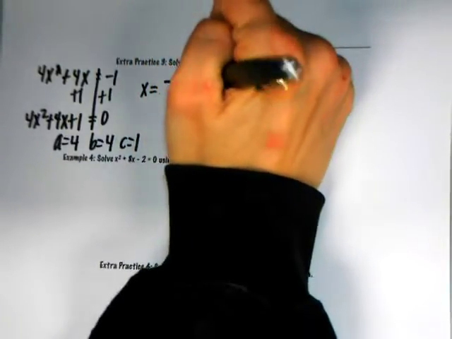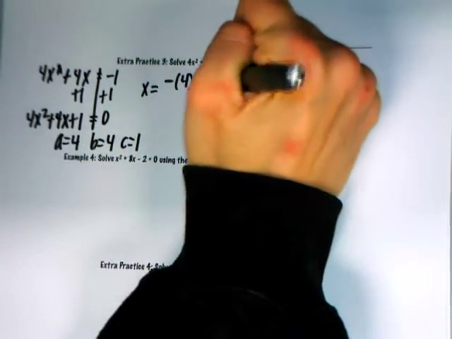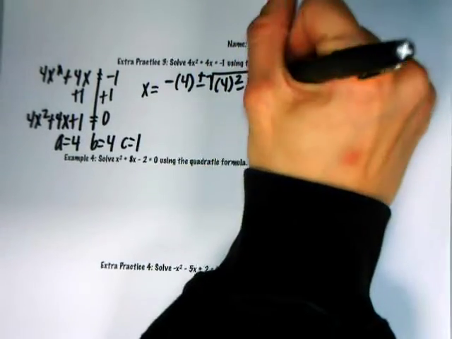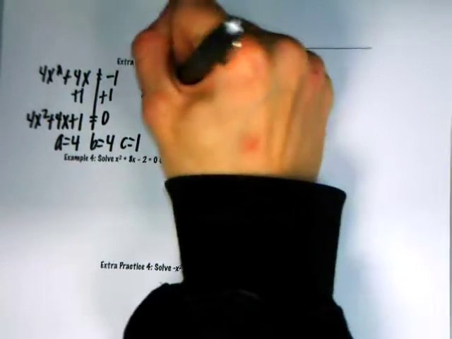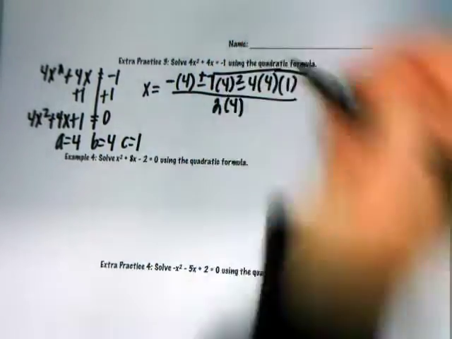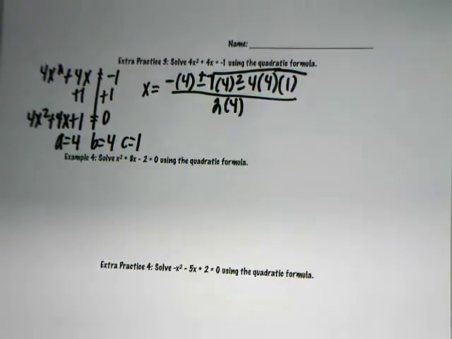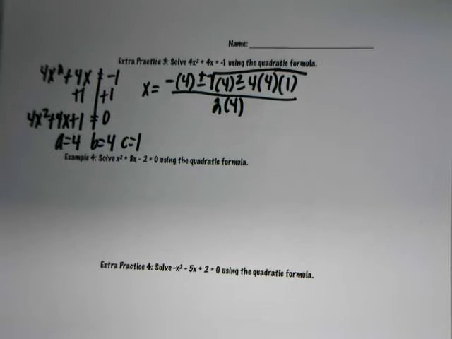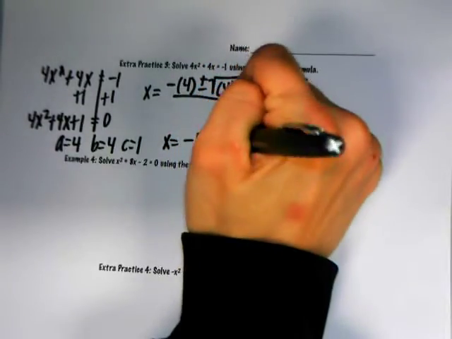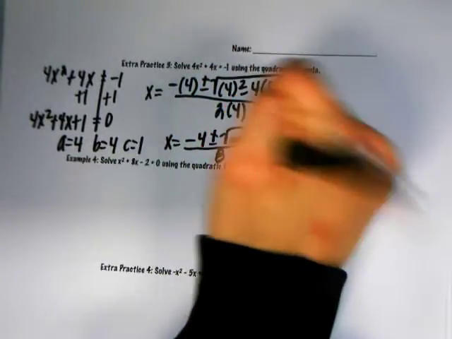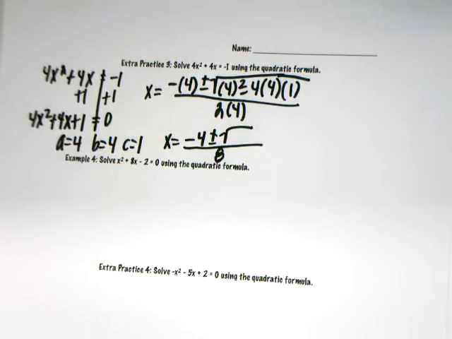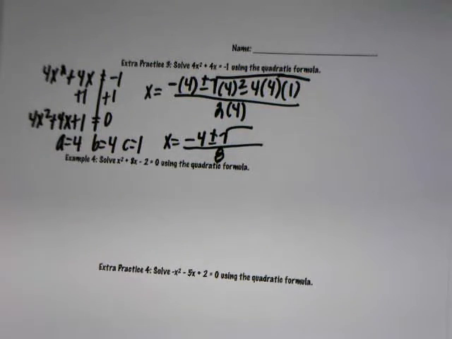All right, so you're going to have x equals negative 4 plus or minus... Okay, so you should have it set up like this. Lots of 4s. When you simplify that, you'll get negative 4 plus or minus something over 8. See what you get when you do that. 0, yep.